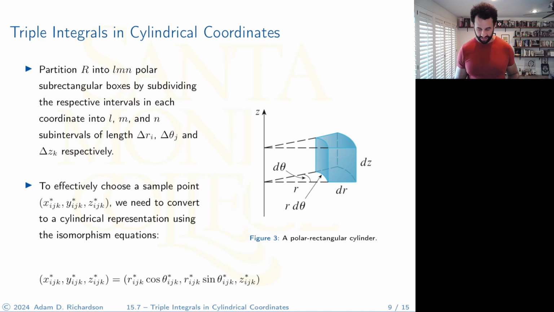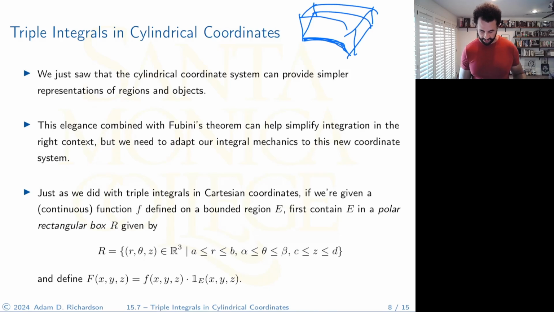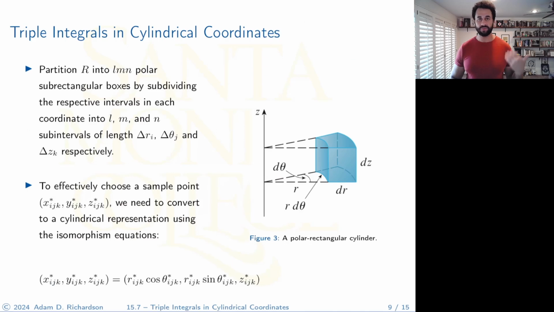But here's the thing. If we want to effectively choose a sample point x, y, z, we need to convert to a cylindrical representation using those equations. Initially, our function was given in terms of Cartesian coordinates. And we could use these, but because we're talking about integrating in cylindrical coordinates, we need to convert everything to cylindrical representations.